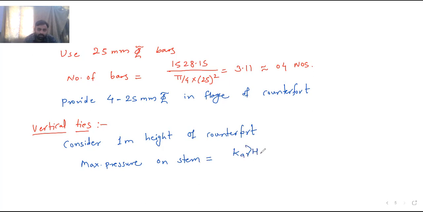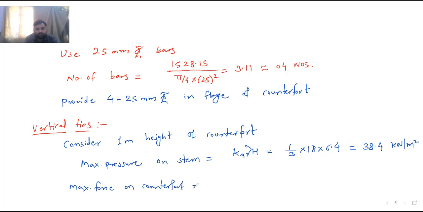Ka into gamma into h, that is the height of stem, which is equal to 1/3 into 18 into 6.4, which is equal to 38.4 kilonewton per meter square. The maximum force on counterfort is equal to this intensity 38.4 into length.